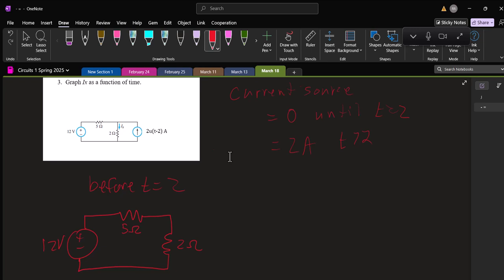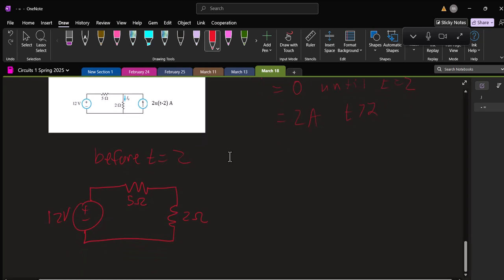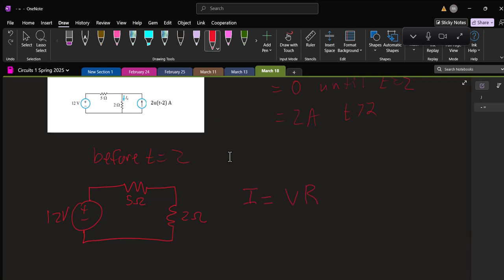Because before t equals 2, there is no current source. So in this case, V equals IR, I equals V over R. I will equal 12 over 7. I should have picked a better number. If I make up a problem, I could have made up something nicer.